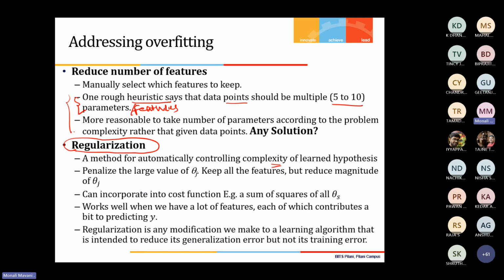This concept is common to all ML algorithms. It penalizes the large values of the parameters while keeping all the features. We don't want to do feature selection, because all features contribute to the prediction in some way, maybe only a few percent.